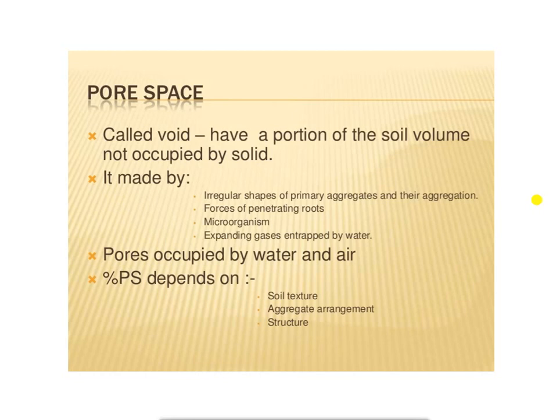The pore space percentage depends on soil texture, that is the relative proportion of sand, silt, and clay. Then aggregate arrangement, that is flocculation, also called soil structure, the arrangement of sand, silt, and clay aggregates in the soil.